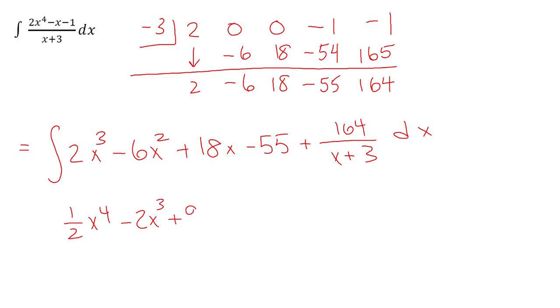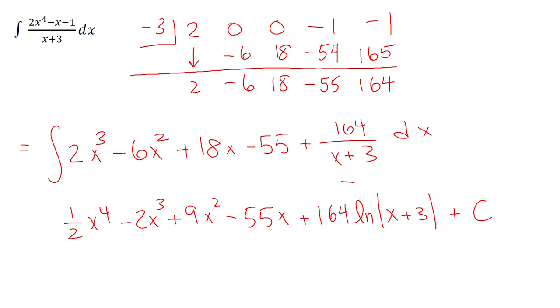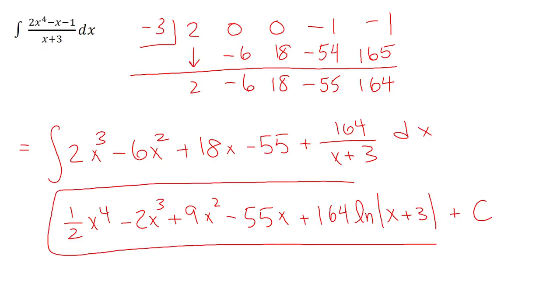And then plus 9x squared, when we divide the 18 by that new power of 2, minus 55x. And then another simple u sub where u is x plus 3 and du is dx. Another one you should be able to do in your head. 164 natural log absolute value of u, or of x plus 3. And again, after all that work, make sure you remember your constant.